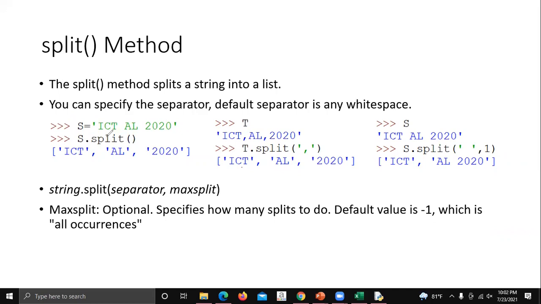Then you need to understand what is the purpose of the split method. The split method is to divide or split the string into separate components. Here you can see it is a single string, but now it is separated into 3 components. This one, this second one, this third one. Splitting the strings can be done using the split method.